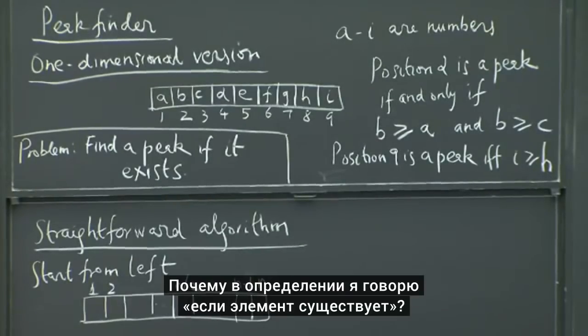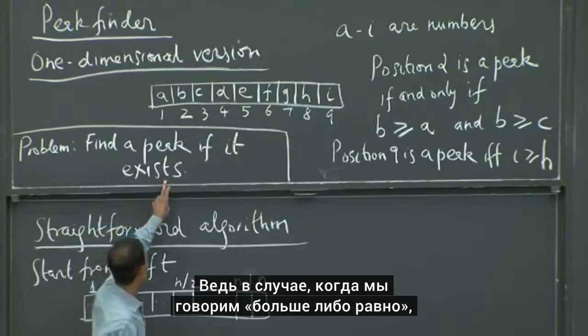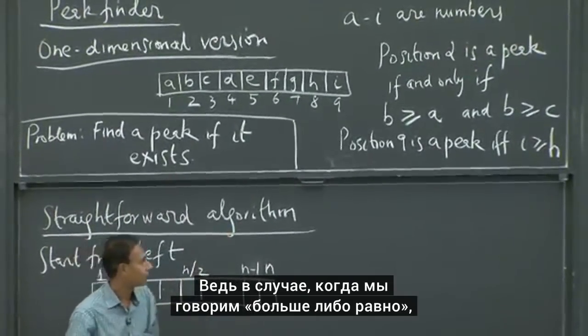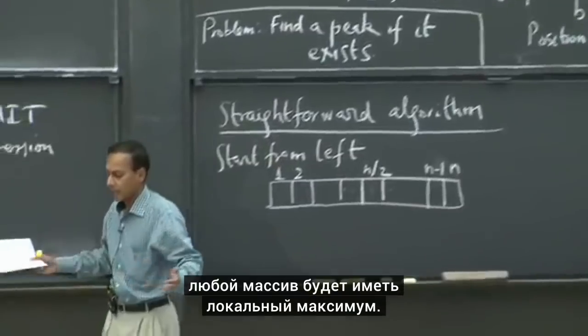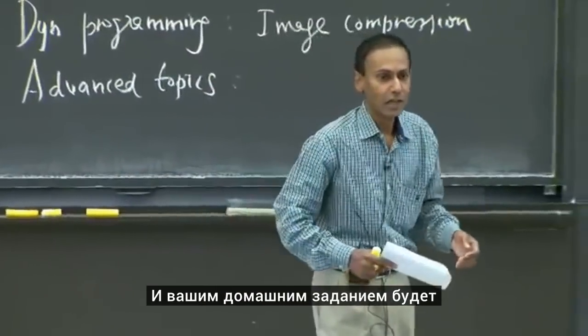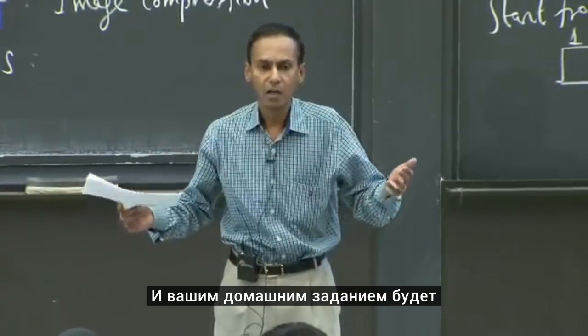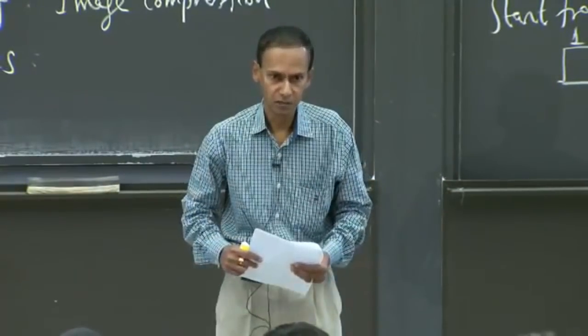Why is there an "if it exists" in this problem? Now, in the case where I have greater than or equal to, then this is a homework question for you and for the rest of you. Argue that any array will always have a peak. Okay?